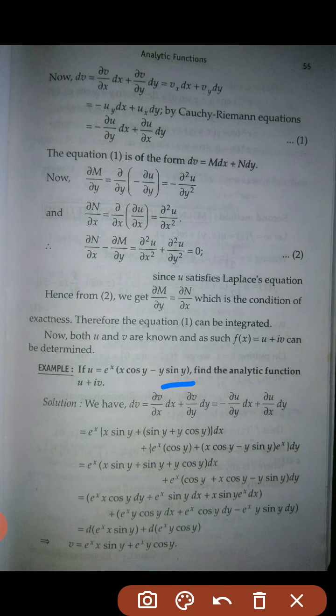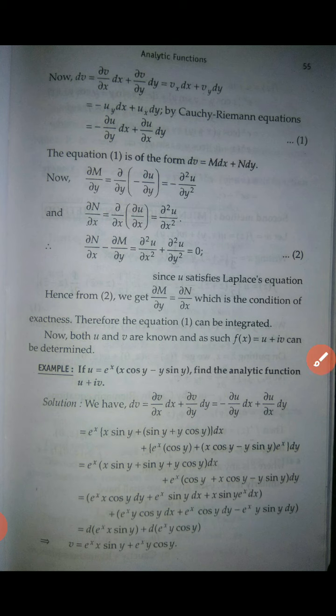While differentiating with respect to y, y becomes 1 and we have sin y, and since there is a minus sign, we will write here plus sin y, and then plus y is taken as a constant, and now we differentiate sin y, so we are left with cos y. So here we get the value as x sin y plus y cos y into dx. Here is a dx, so we just write here the dx.